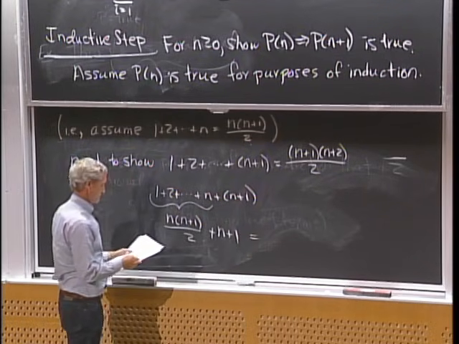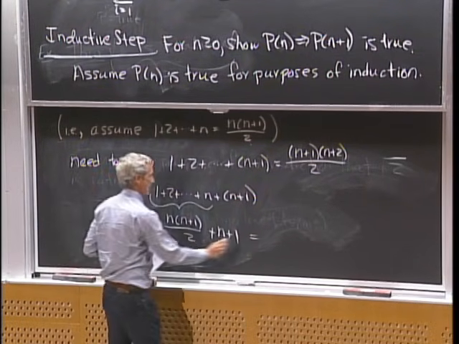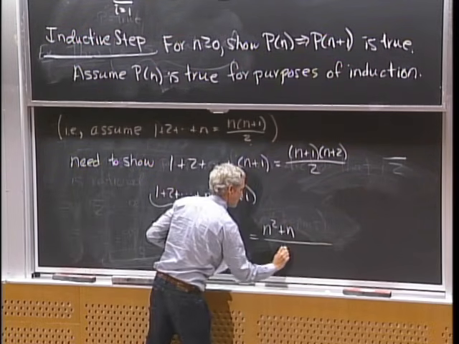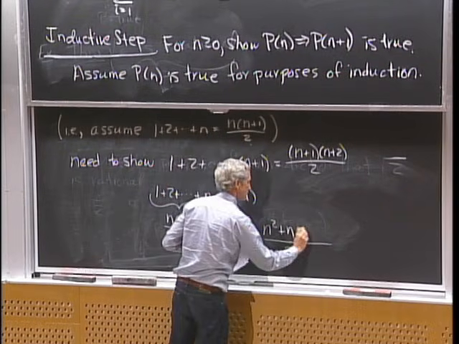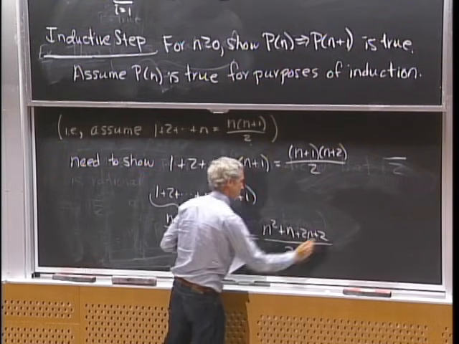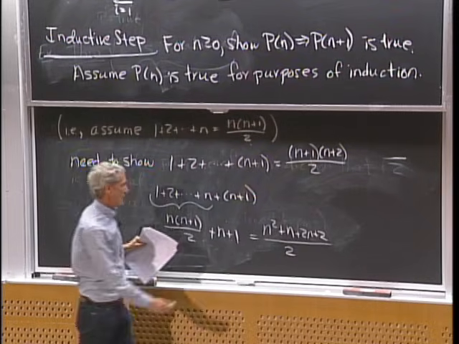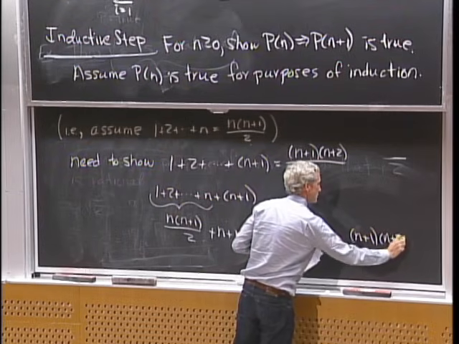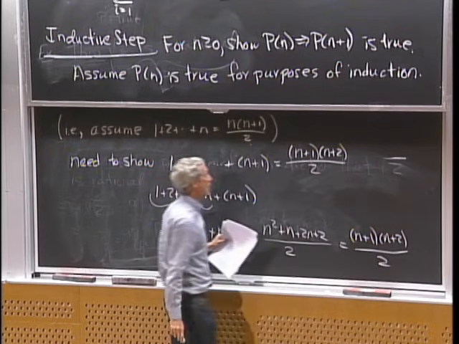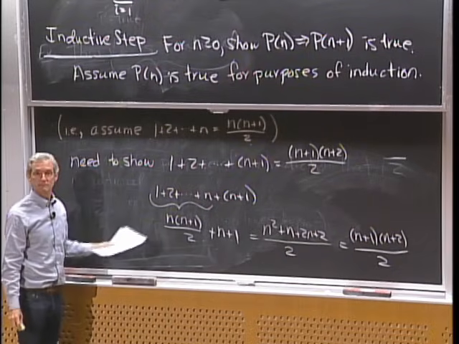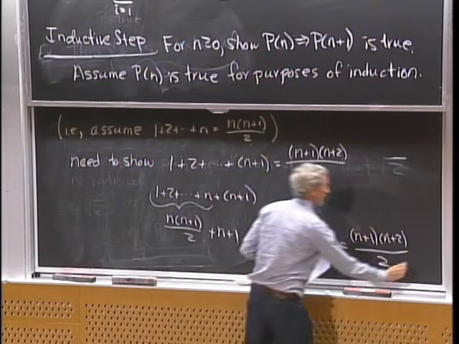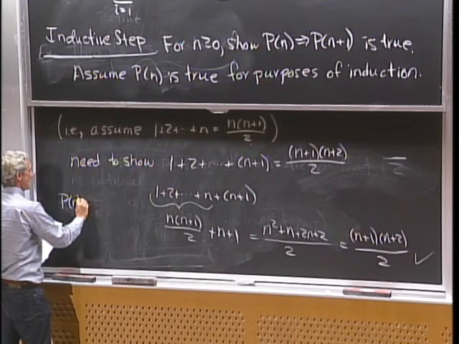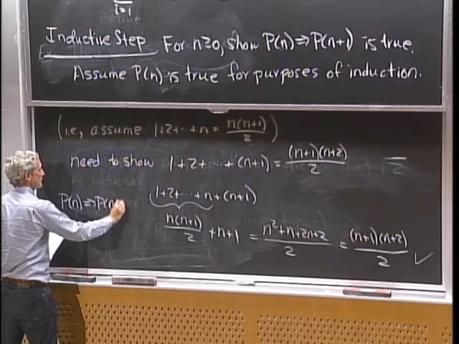That equals, well, I got n squared plus n here over 2, plus 2n plus 2 over 2. All right, and that equals n plus 1 times n plus 2 over 2, which is what we're trying to show. So we've completed now the inductive step. We have shown that for all n, Pn implies Pn plus 1, for all n bigger than or equal to 0.